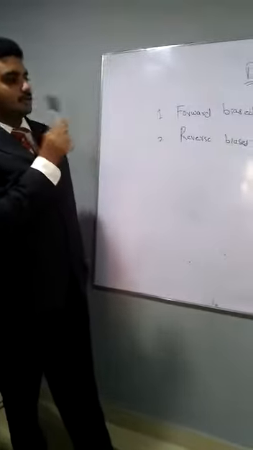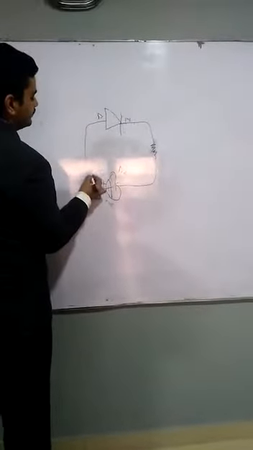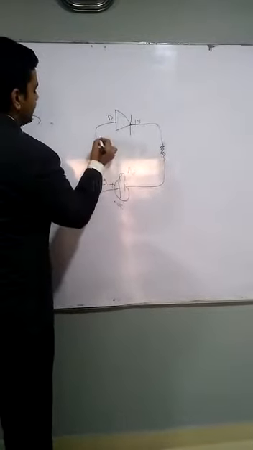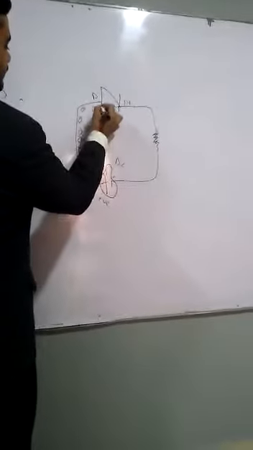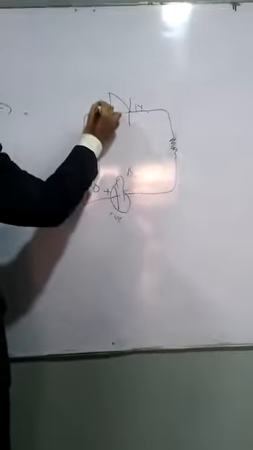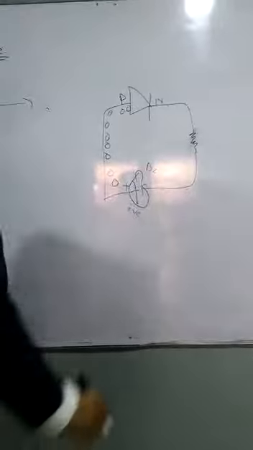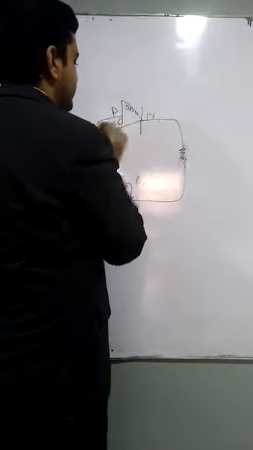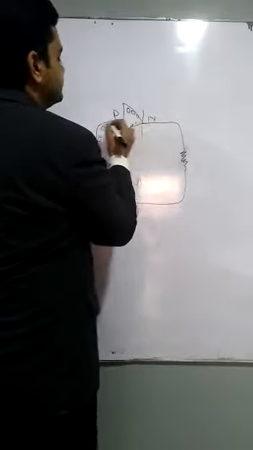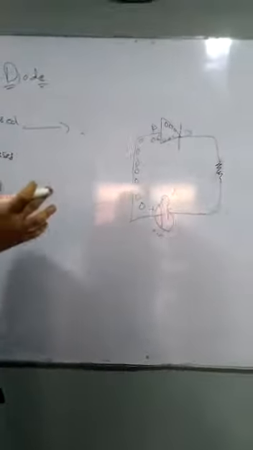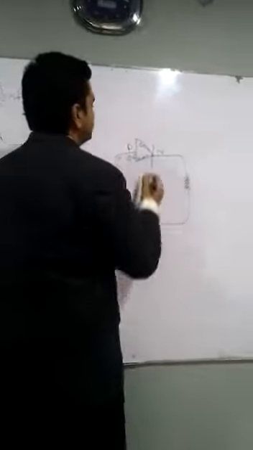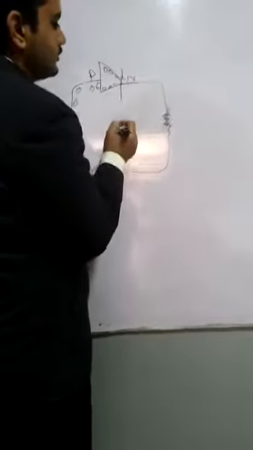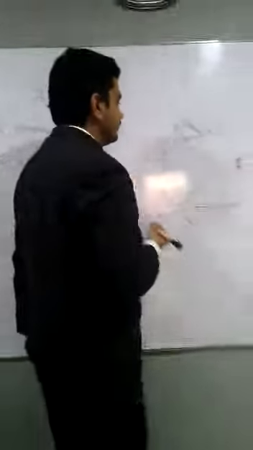The holes from the positive terminal of the battery come towards the P junction. There are already holes in the P junction, these holes repel those holes continuously, and these holes are going to diffuse with the electrons in the N region, right?